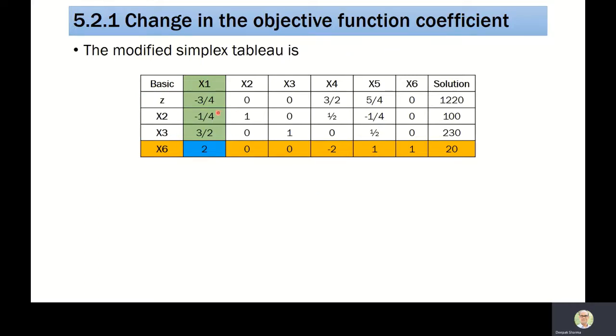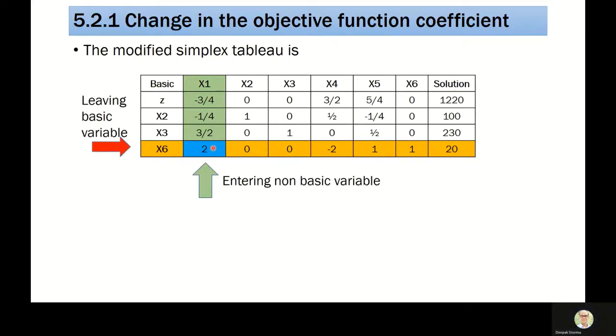Now we know that we can apply the primal simplex rules, that the most negative is corresponding to x1. Then you find the ratio. It says that x6 is going to leave and 2 will become our pivot element. So the entering variable is x1, the leaving variable is x6.